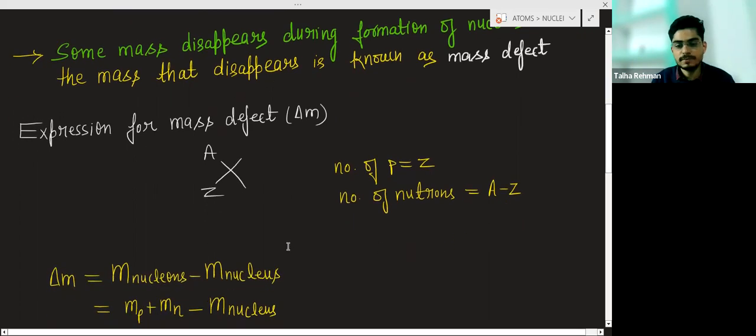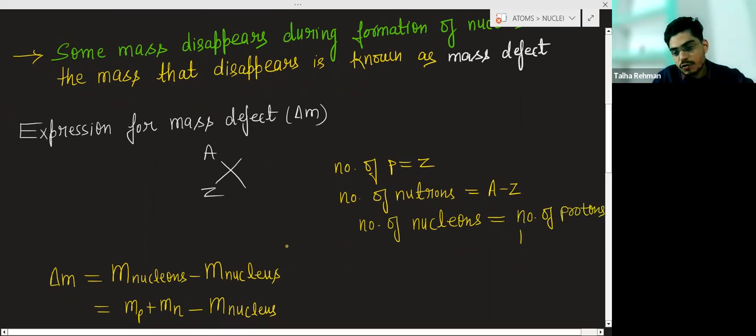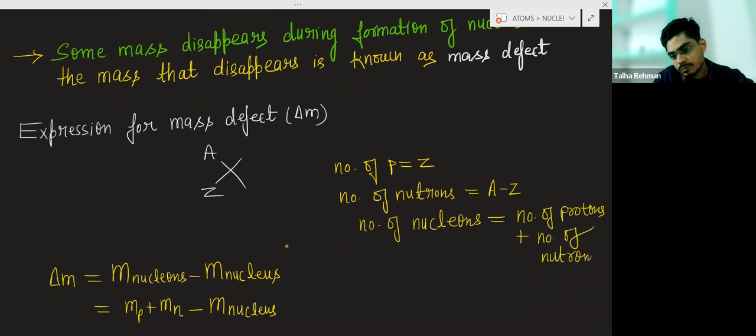And one more thing. Number of nucleons is equal to number of protons plus number of neutrons. Remember this.